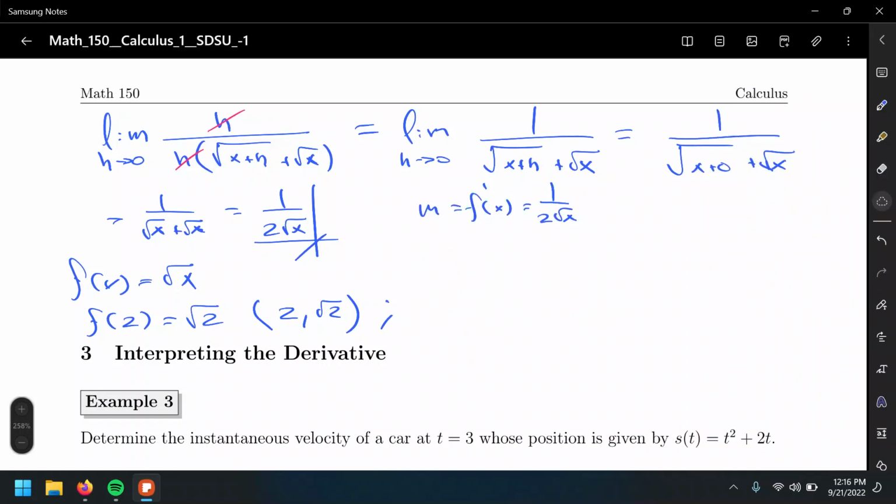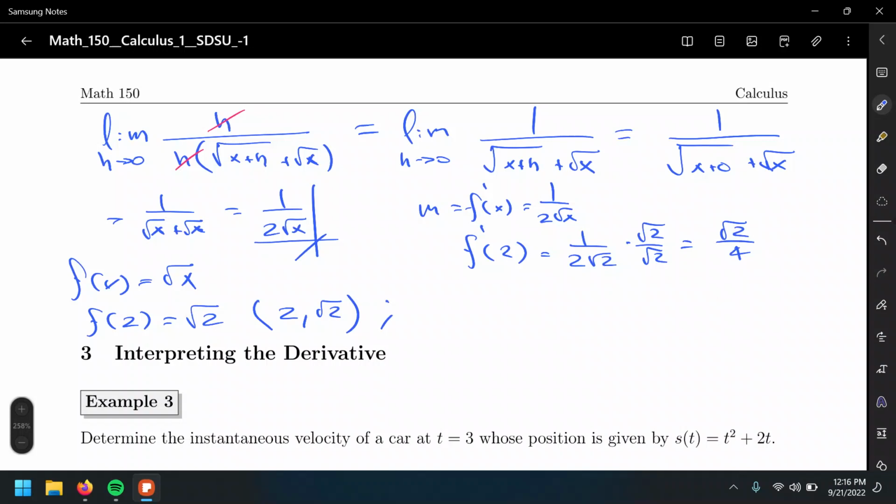So if we evaluate this derivative at 2, we're going to get 1 over 2 root of 2. And you might want to rationalize the denominator, so multiply by the square root of 2. Root of 2 times itself is going to be 2, and 2 times 2 is going to be 4.